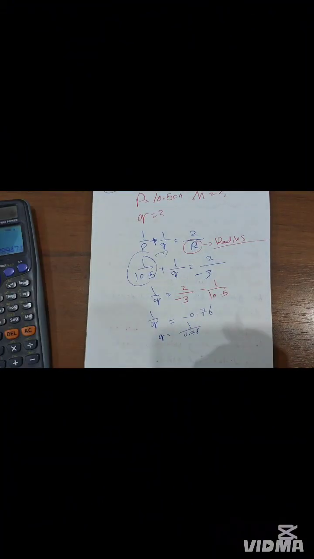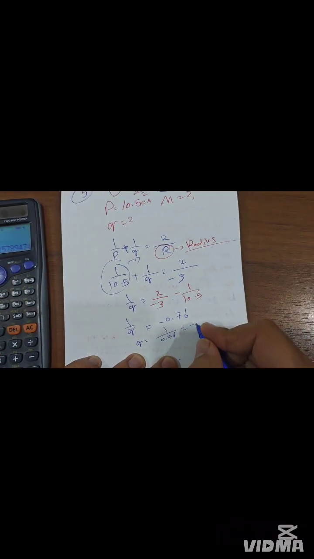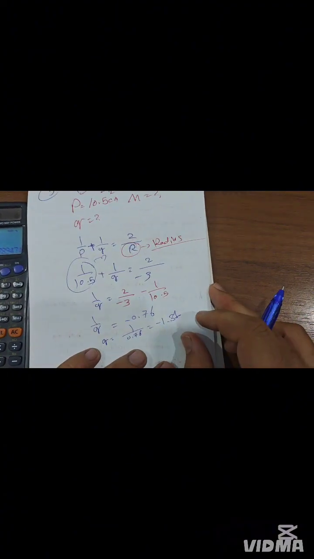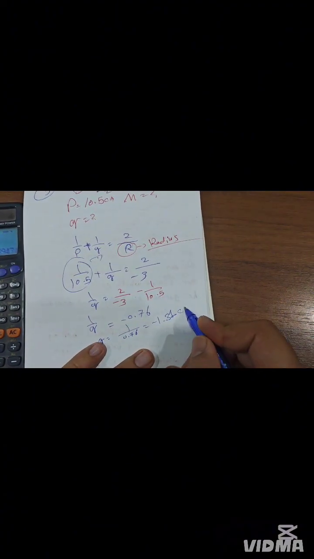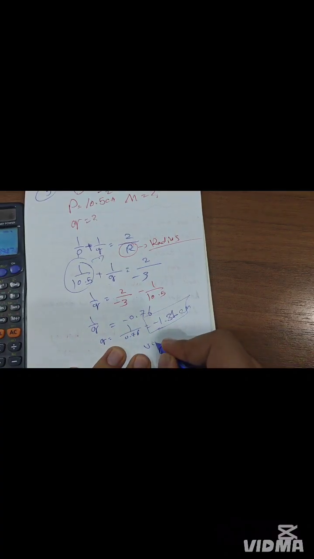So the answer is negative 1.31, sorry, centimeter. Because the value is negative, it means the image is again virtual and upright.